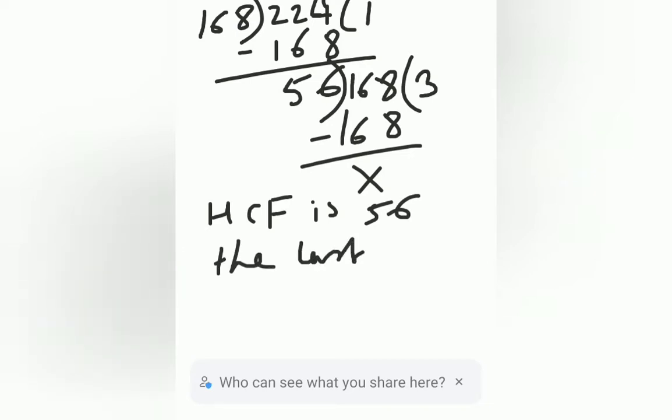So 56 is the greatest number that will exactly divide 840 and 2296.